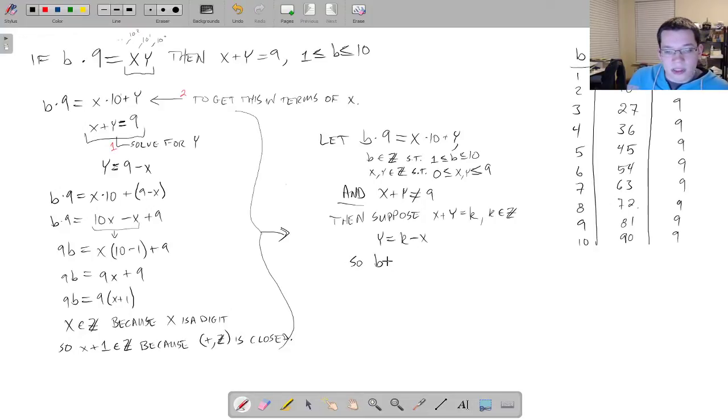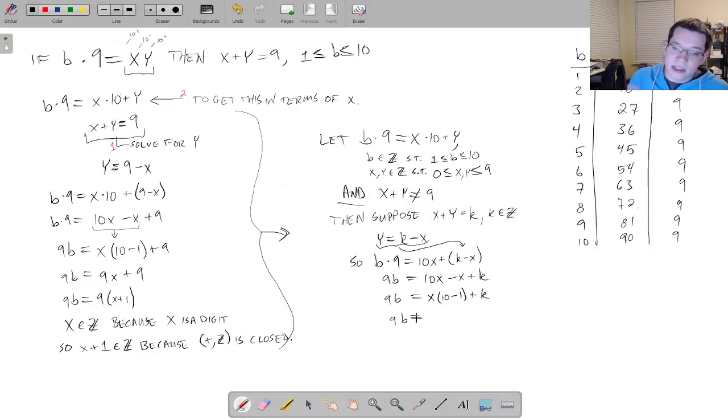So b times 9 equals 10x plus k minus x, because we're just substituting this in for y. So then we have 9b equals 10x minus x plus k. 9b equals x times 10 minus 1 plus k.